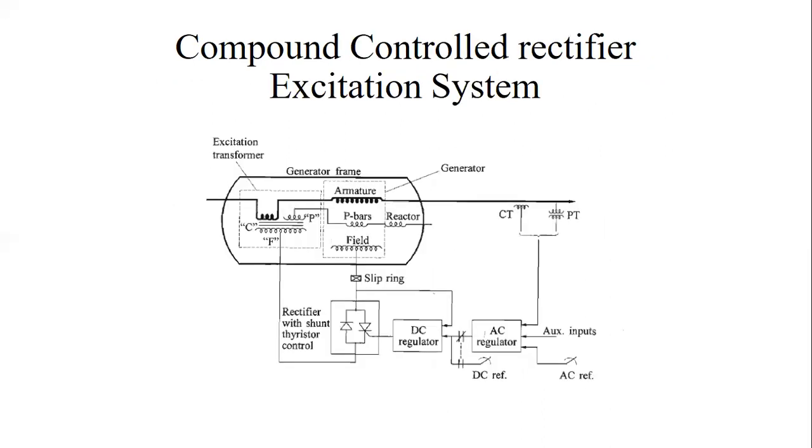Then the compound controlled rectifier excitation system. This system utilizes controlled rectifiers in the exciter output circuit and the compounding of voltage and current derived sources within the generator stator to provide excitation power.